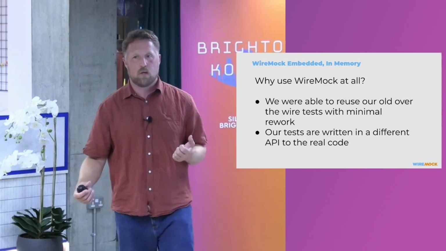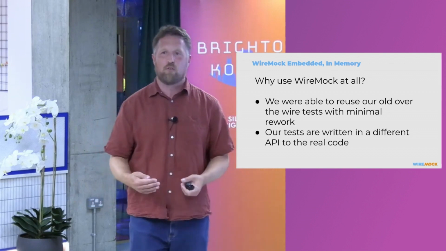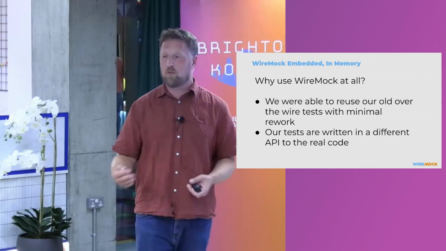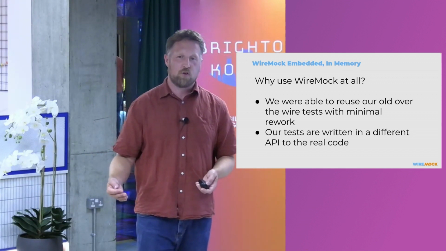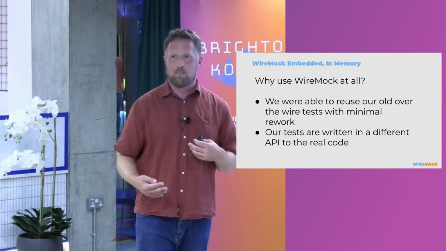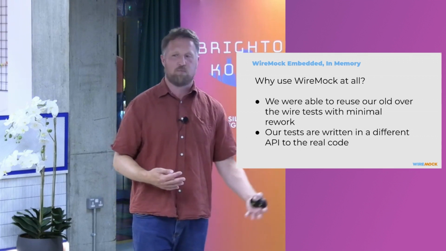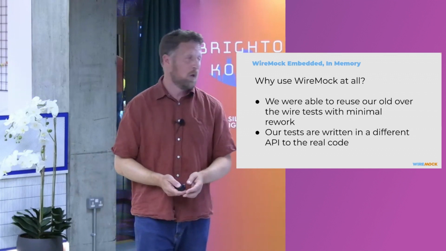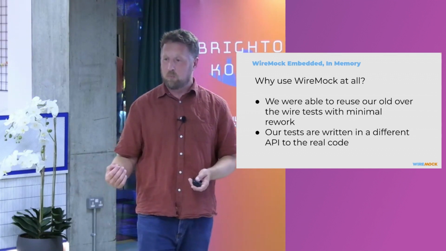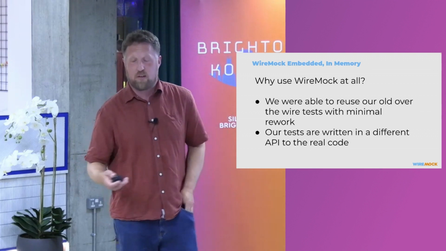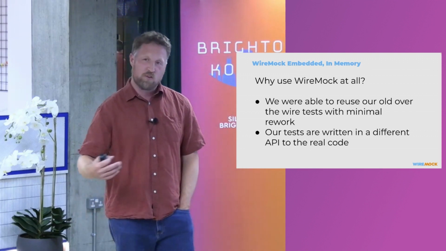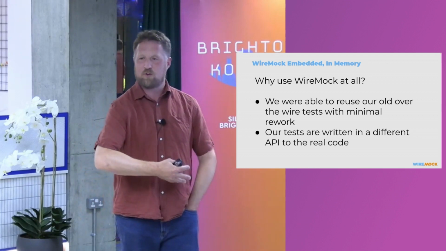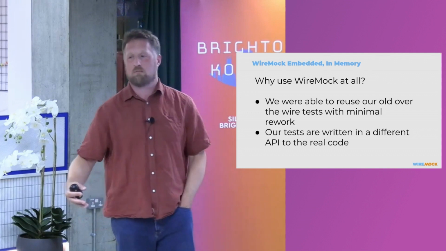And I think that gives you more confidence when they're written in different ways of modeling the thing that you're doing. Because the chances that you have a misunderstanding about the APIs of both http4K and WireMock in exactly the same way are pretty low. So I think there's some benefit in just the fact that you're using a different way of doing it. Whereas if you mock out http4K, your miscomprehension of how http4K works might be reflected in both the production code and the test code.